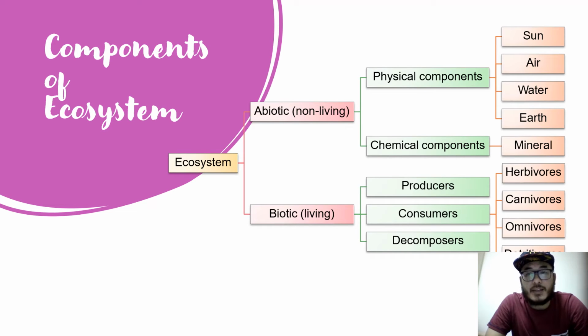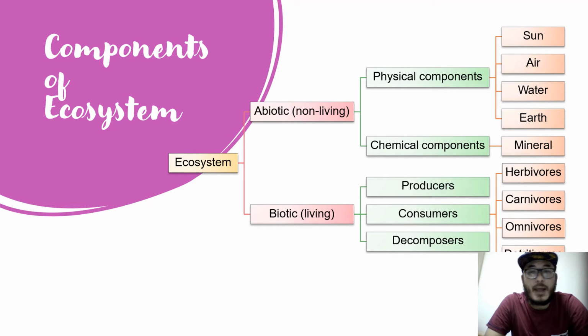And then there is another component, which is the chemical component under the abiotic, non-living component. There is only one thing, which is mineral. What are examples of minerals? Minerals, they are simple and some of them are complex.